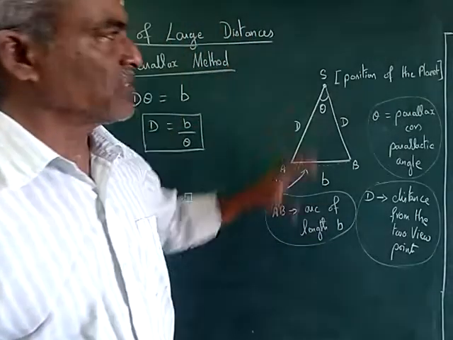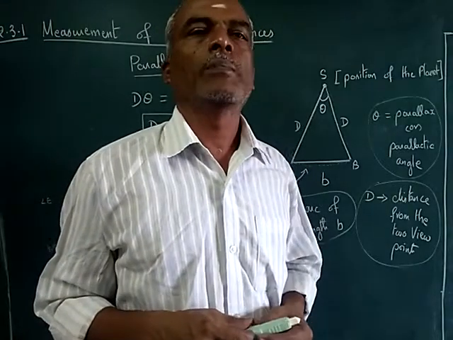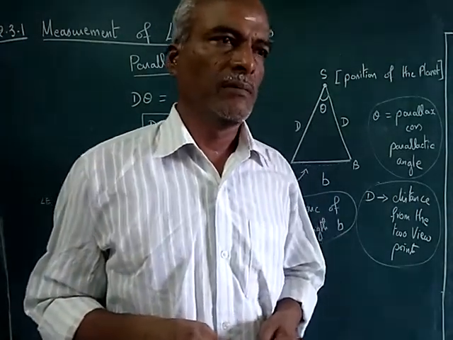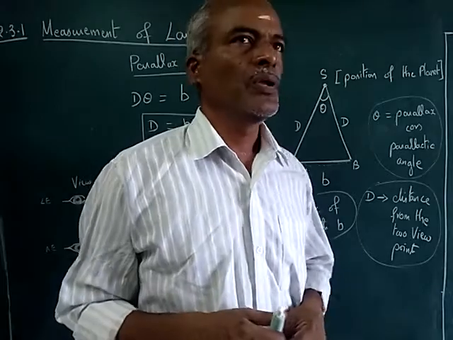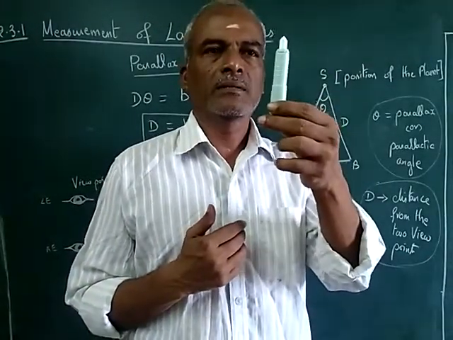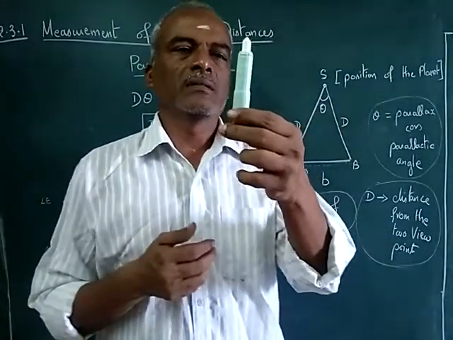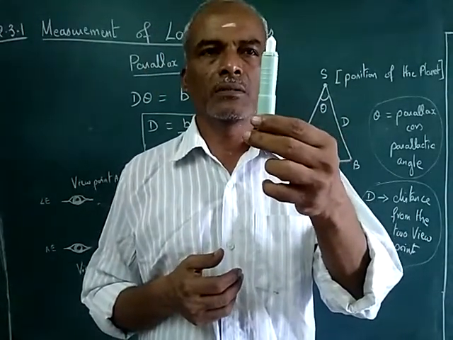The method of measuring this distance is called the parallax method. Parallax method means if you keep, say, this chalk piece and view with two eyes, this will be the exact position.